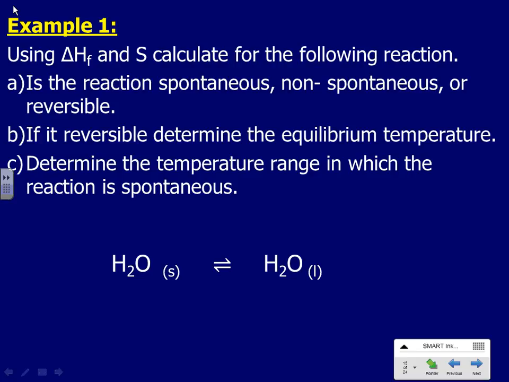Let's go ahead and do this example. Now, it's not a very complicated one, but I need to find the delta H, and you need to get your thermodynamic data out. And just like before, we need negative, the number of moles of H2O solid, and the enthalpy of formation.